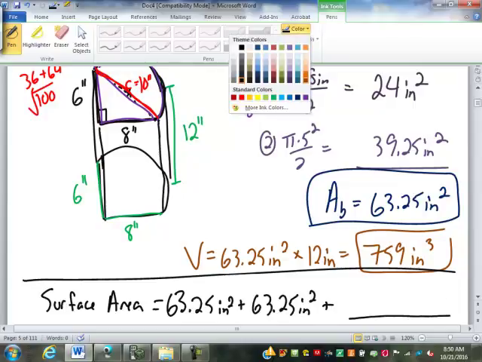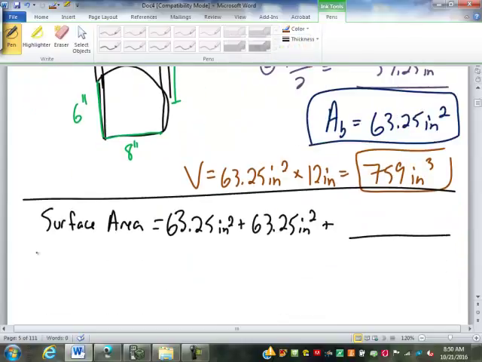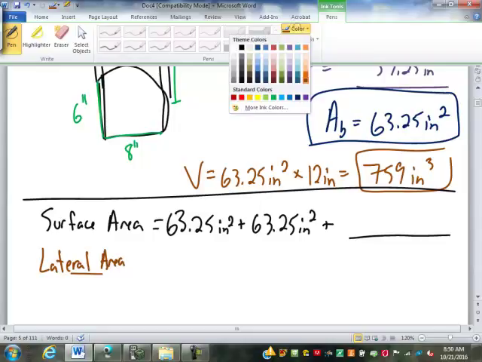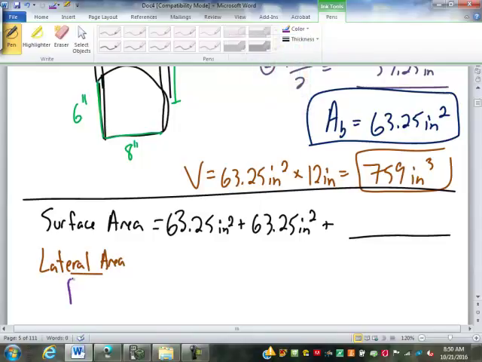How do I get my lateral area? What's the first thing I need to get lateral area? The perimeter of my base. The perimeter of my base is going to be 6 inches plus 8 inches plus the half circle circumference.